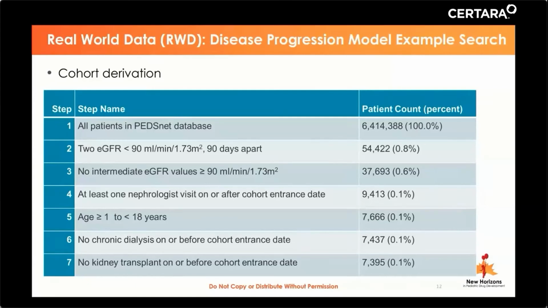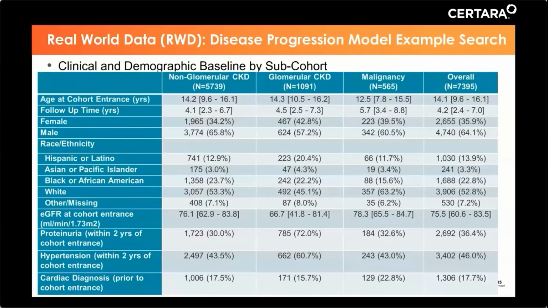Now, if you look at this chart, it really looks at the clinical demographics based on the subcohorts we looked at. Just some general points, I'm not going to go through this because it's a busy slide: look at similarity in age, so you know which populations you can compare with one another fairly, and that the follow-up is reasonable as the second criteria, so roughly between 4.1 to 5.7 years there.